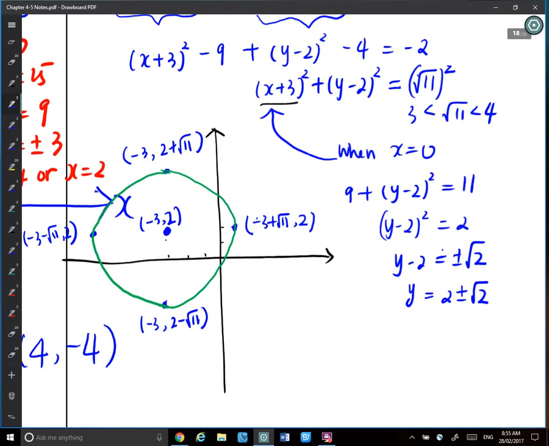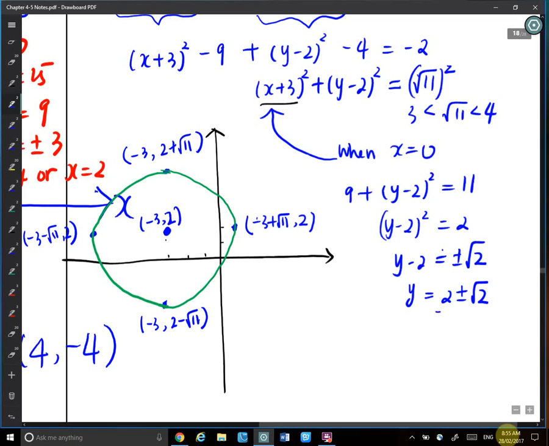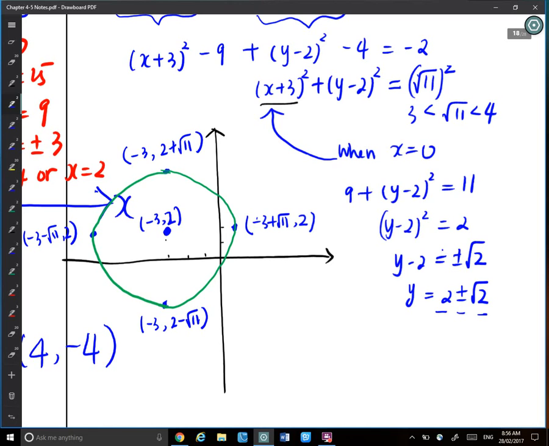Okay, so can you see from the graph, is there any problem? Can you see any mistakes here? Because I'm not drawing very to scale. Can you see 2 minus root 2 is still a positive number? So I have a negative y-intercept, which is not correct. It's not to scale because I haven't got my ruler, and I find it's not correct because it's very close to 0.